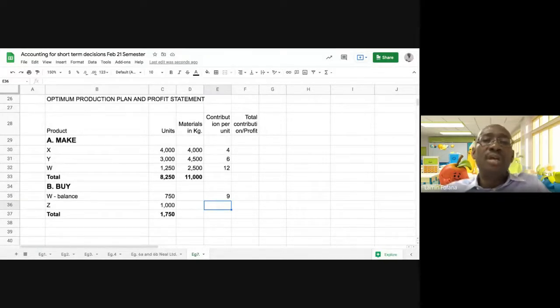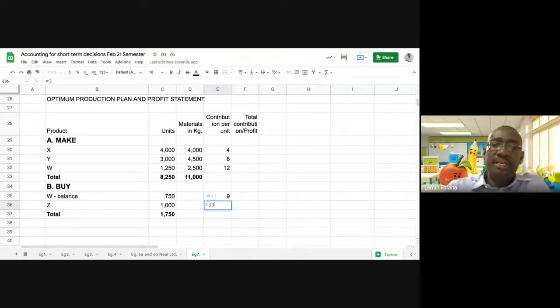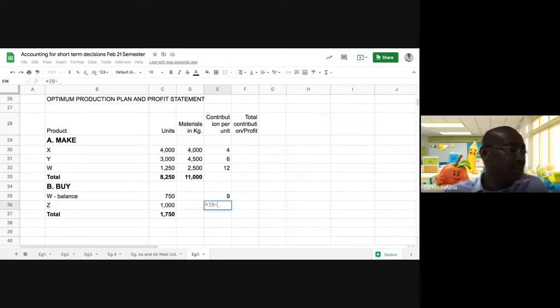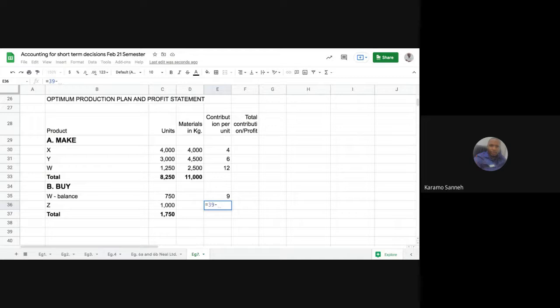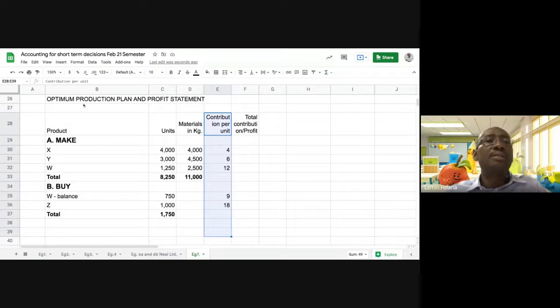What about our contribution per unit for Z? Equals 39, which is the selling price per unit, minus 21.5. Okay. So I'm going to make all this to 1 dp.